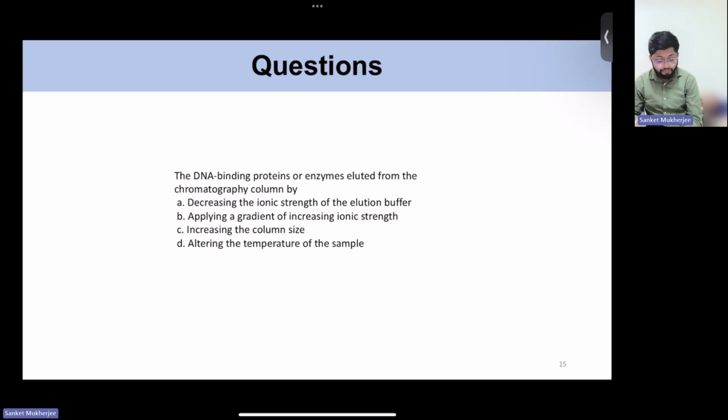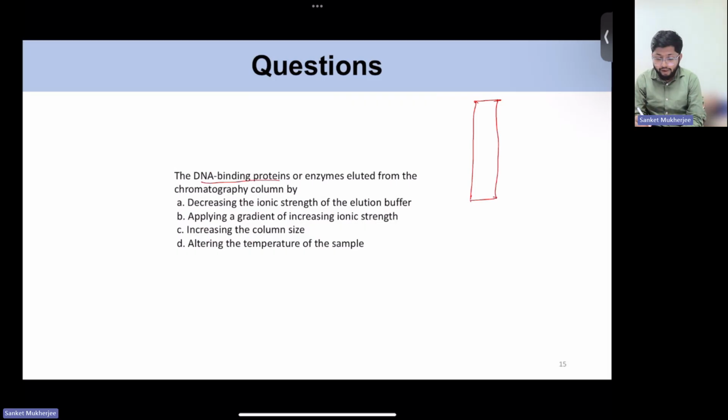Let's come to the questions. The DNA binding proteins or enzymes are eluted from the chromatography column by decreasing the ionic strength of elution buffer, applying a gradient of increasing ionic strength, increasing the column size, or altering the temperature of the sample. So let's say, what kind of chromatography will we use for a DNA binding enzyme?